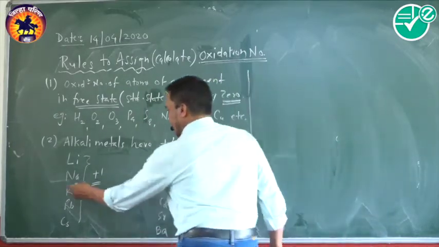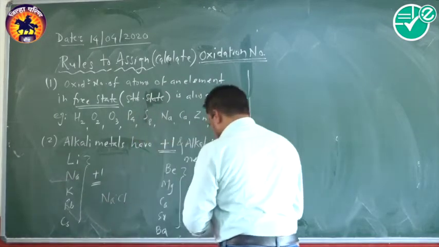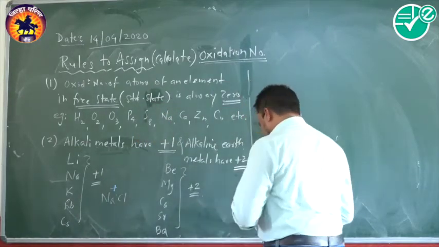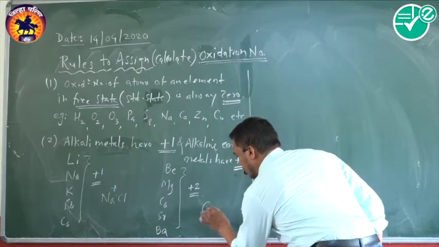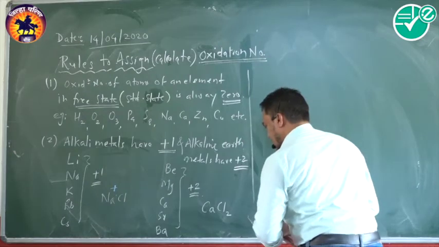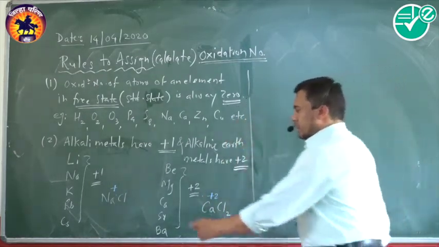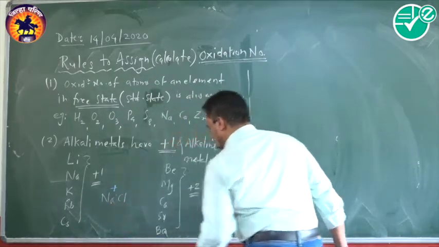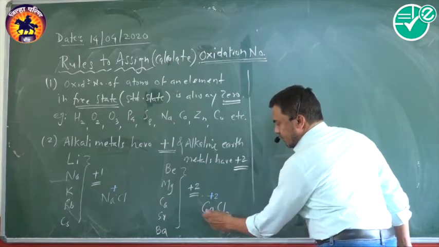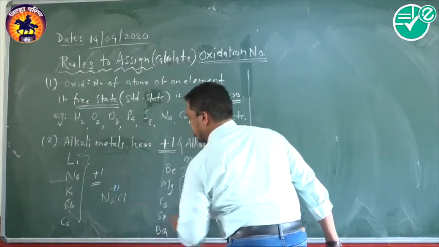For example, in sodium chloride, sodium is +1. And for calcium chloride, CaCl2, calcium shows +2 oxidation state, because sodium combines with 1 chlorine, and calcium combines with 2 chlorine.